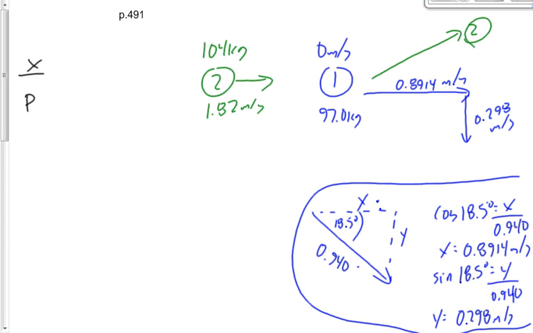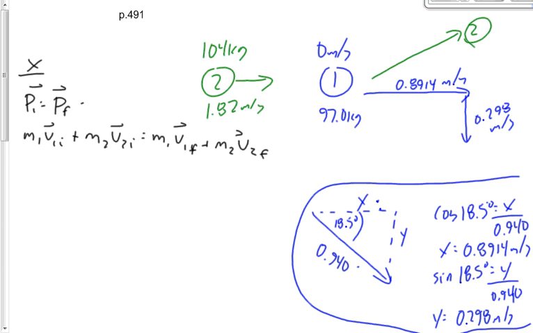Let's say pi is equal to pf. Let's say m1 v1i plus m2 v2i equals m1 v1f plus m2 v2f. All right. Something I can x out here. Can you tell me what it is that I can x out? What it is I can scratch out? Yep. Good. Why can I scratch that one out? Good.